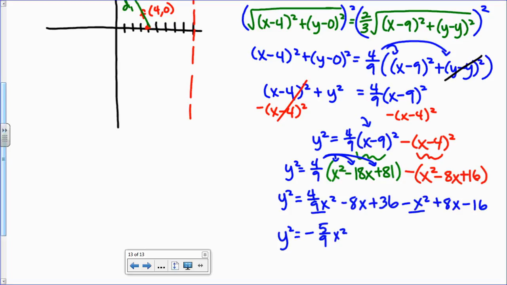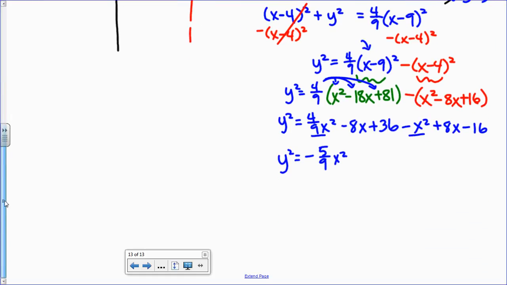So the 4/9 is stuck with just this one. And so then negative 8x and positive 8x cancels, and 36 minus 16 is plus 20.